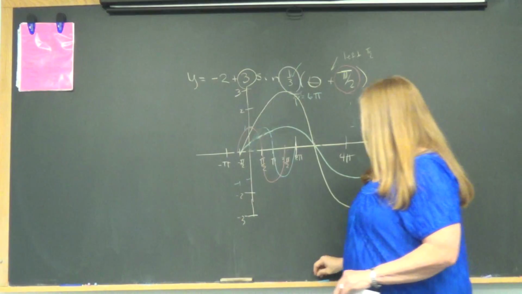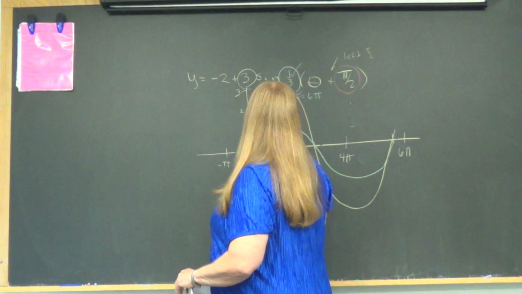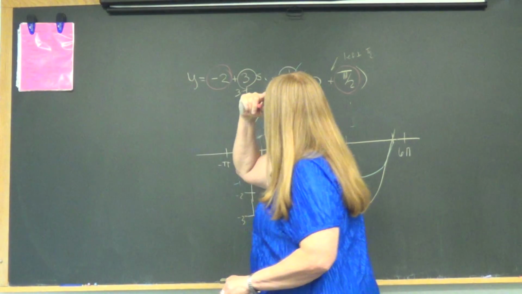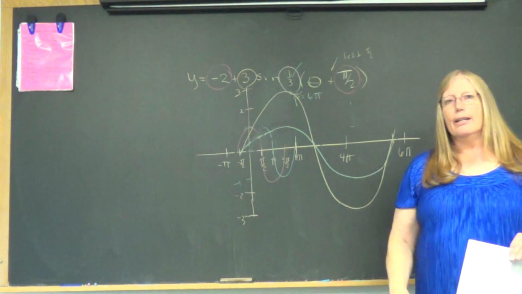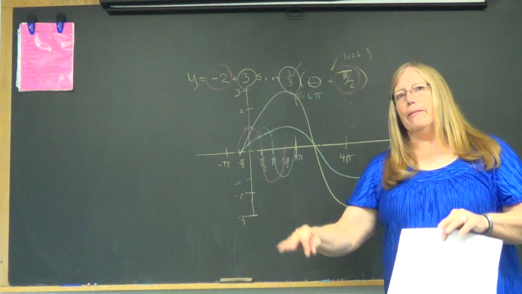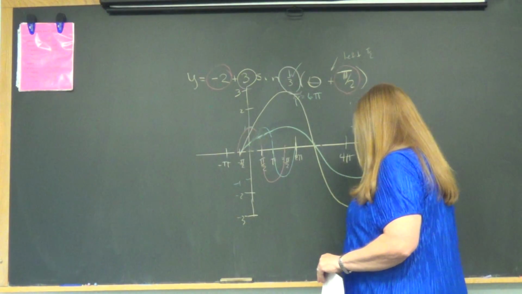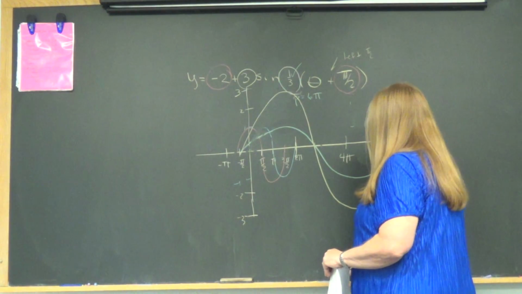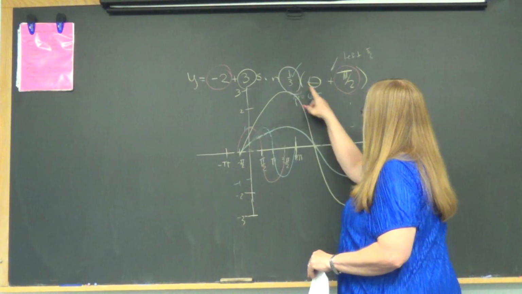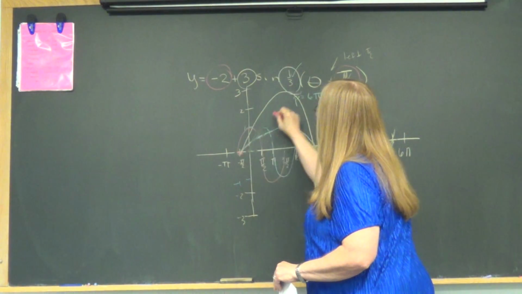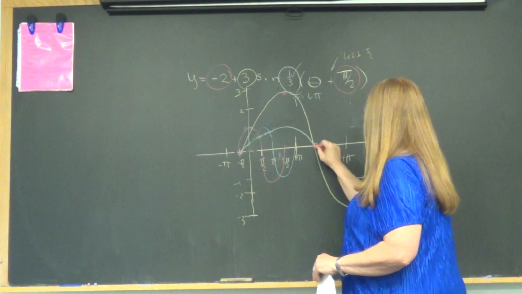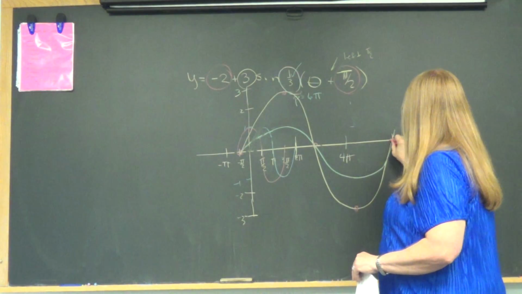All right, one more change to go, and that is back to red again, minus 2. So we're going to take that whole curve and pull it down too. So I can probably do that by spots. So let me take this yellow curve and pull down this spot, this spot, this spot, this spot, and this spot.